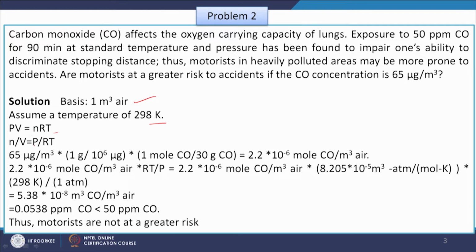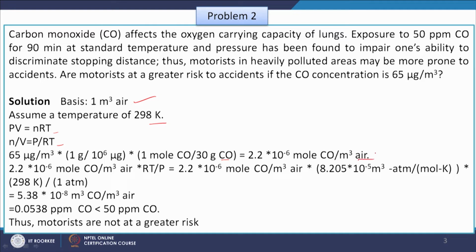So, now we have 65 microgram per meter cube, into 1 gram per 10 to the 6 microgram, we are converting it into gram, into 1 mole CO by 30 gram CO, molecular weight of CO. So, we are getting the moles, that is equal to 2.2 into 10 to the minus 6 mole CO per meter cube air.